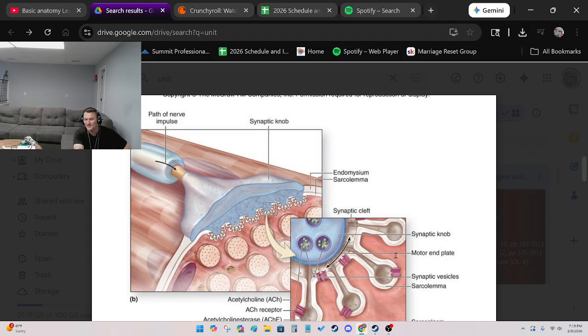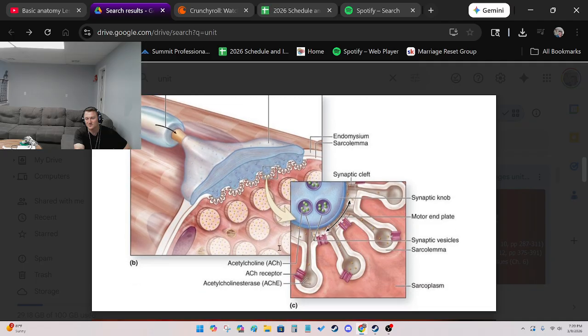This is what it looks like through that nerve path, and the synaptic knob, which is going to give those neurotransmitters causing the contraction of the muscle.